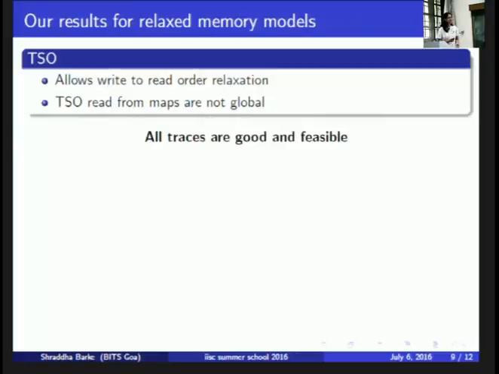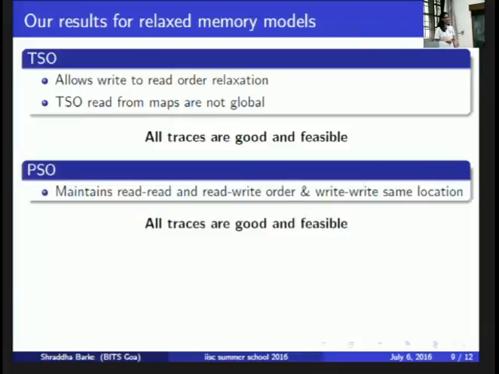Now, suppose we feed a program to our software, and TSO is one of the memory models, which allows write to read order relaxations. So for TSO, that cycle will not take place because it does not allow particular reordering of events. So we get the output that all traces are good and feasible, and that execution is always valid.